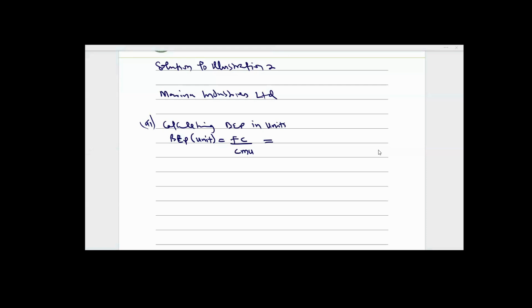Therefore, I will go to the question, what is the fixed cost given to me? According to the question, fixed cost is 972,000 naira. Then I will divide by the contribution margin per unit. How am I going to calculate my contribution margin per unit?